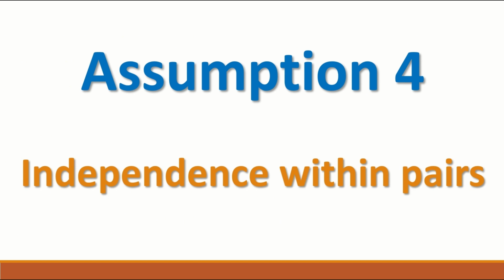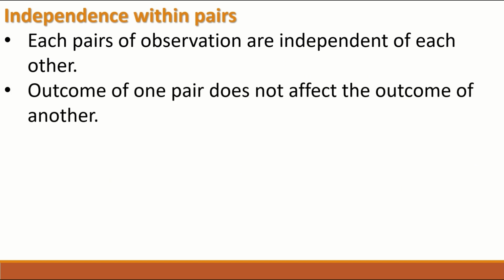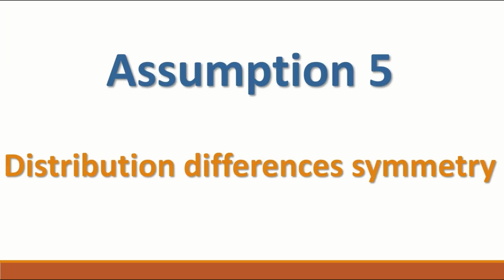The fourth assumption is independence within pairs. So each pair of observations is independent of each other, i.e. the outcome of one pair does not influence or affect the outcome of another. The fifth assumption is that the distribution of differences is symmetrical.